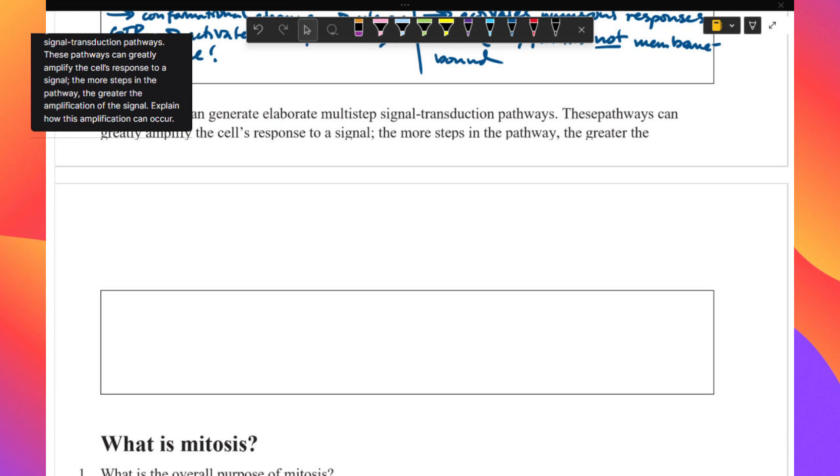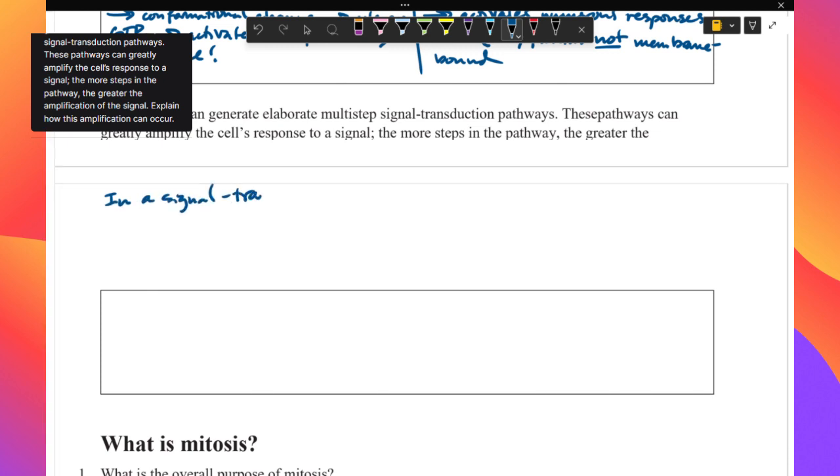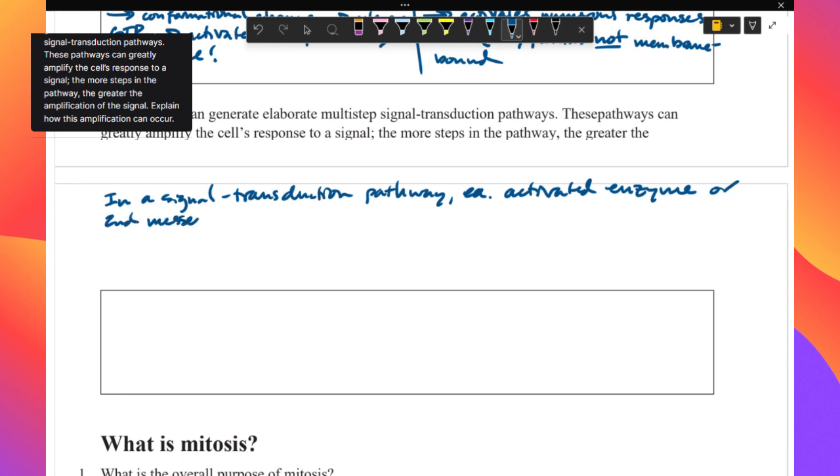So in a signal transduction pathway, each activated enzyme, enzymes are usually proteins, or second messenger has the potential to catalyze more than one reaction.